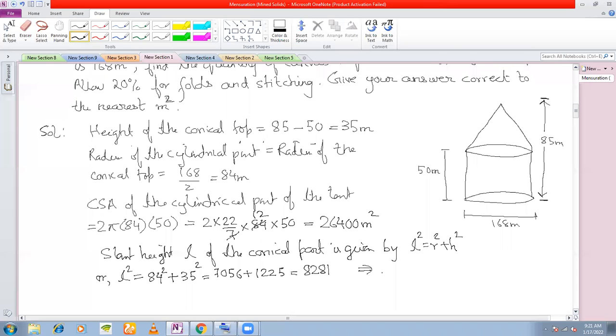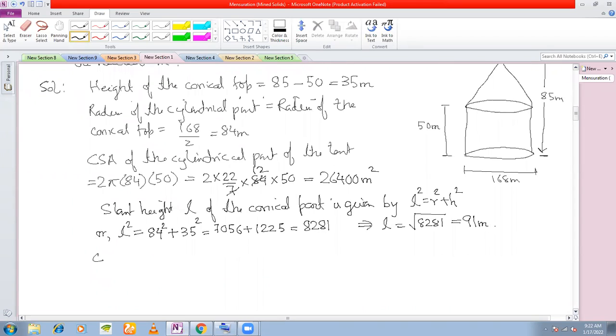So that means the slant height of the cone is the square root of 8281, and the square root of 8281 you can find it out by division method. This is 91 meters. Okay, so now we know the slant height. Now we can find out the curved surface area of the conical top, which is equal to pi into r.